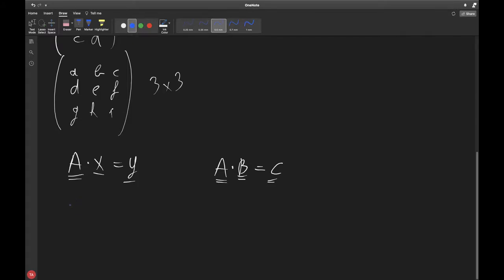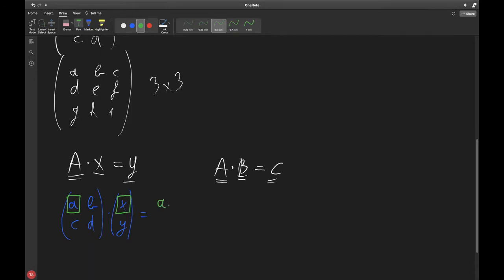I'll just do it in the 2 by 2 case. So I have an A, B, C, D matrix, and I multiply that with an X, Y vector. What we do is take the first element in the first row and first column and multiply it with the first element in the column. As I mentioned earlier, this is going to lead to a vector.